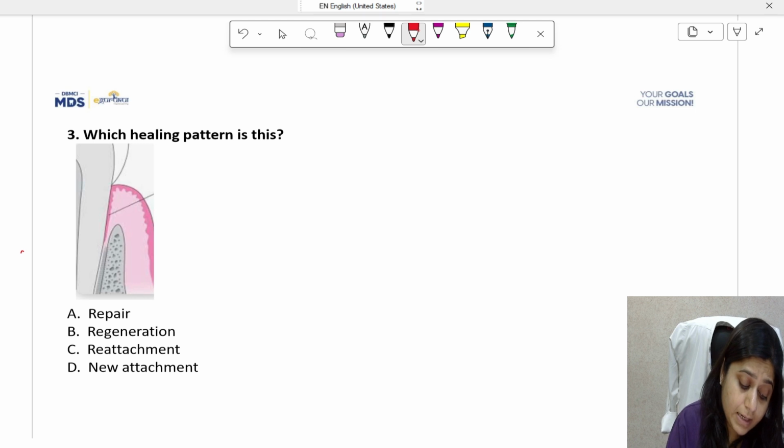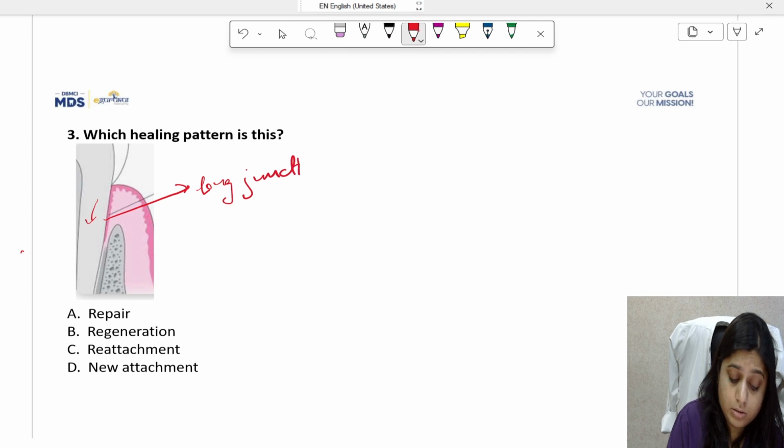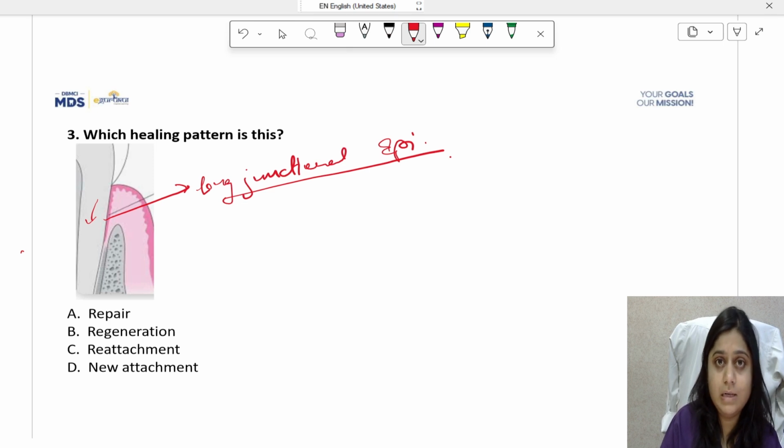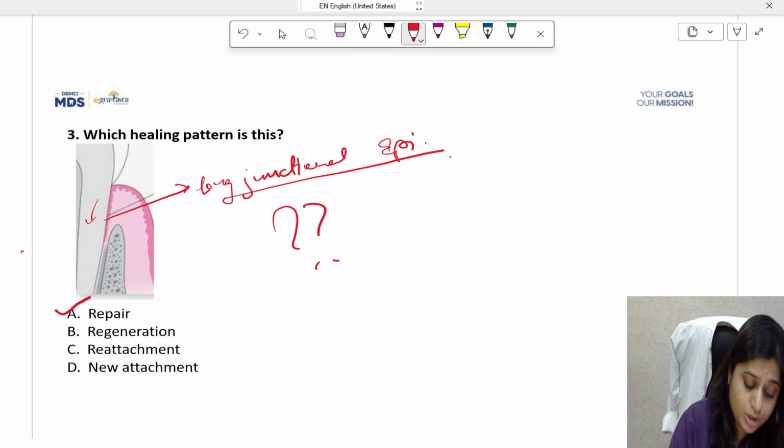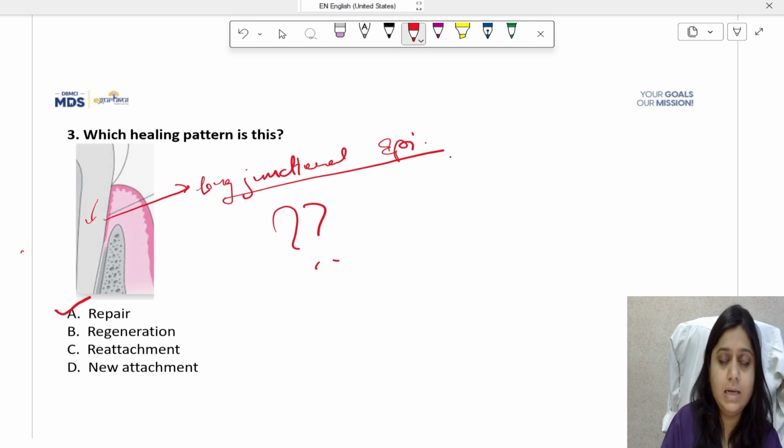They are migrating downwards and forming a long junctional epithelium. Healing by long junctional epithelium is called what? Let us see the options. Option A is repair, B is regeneration, C is reattachment, and D is new attachment. So healing by the formation of long junctional epithelium is option A, which is healing by repair.